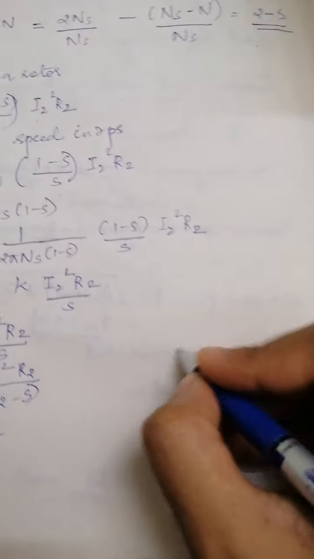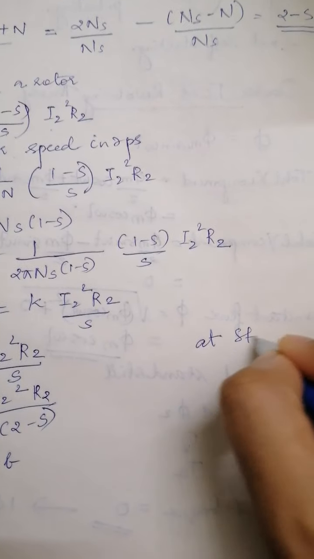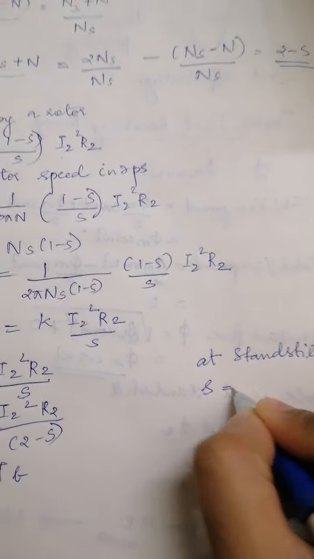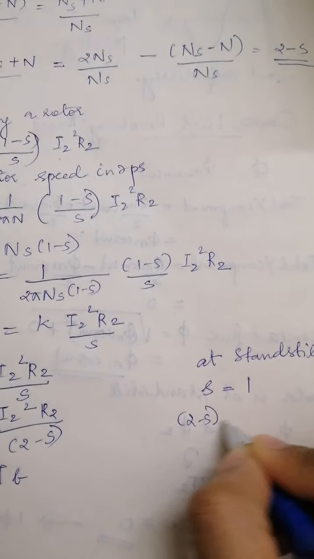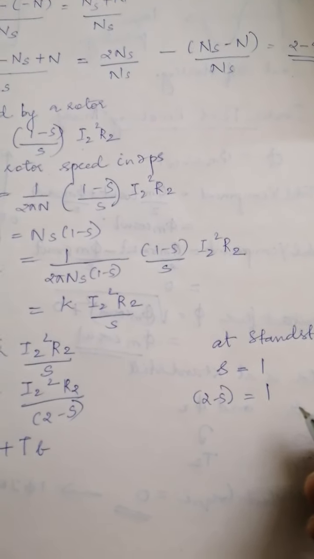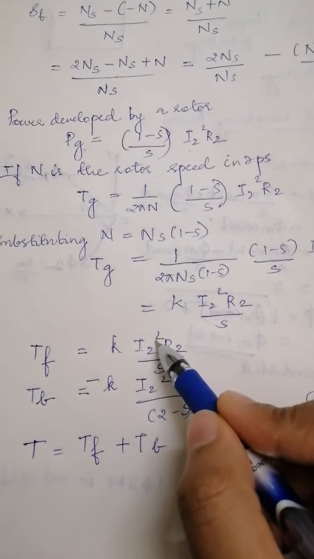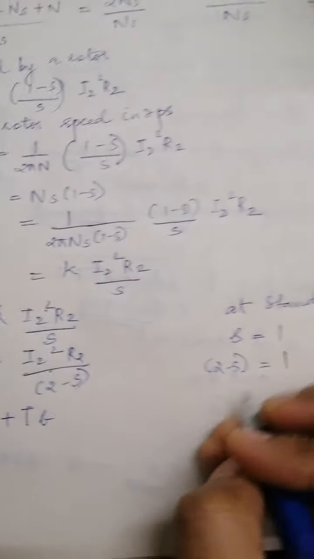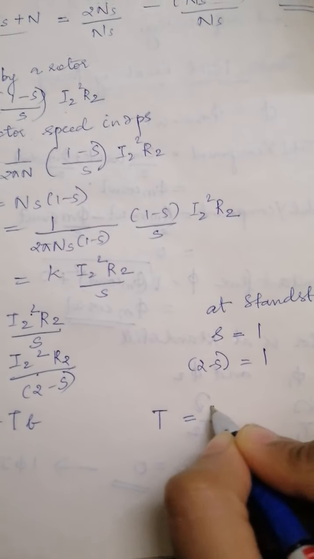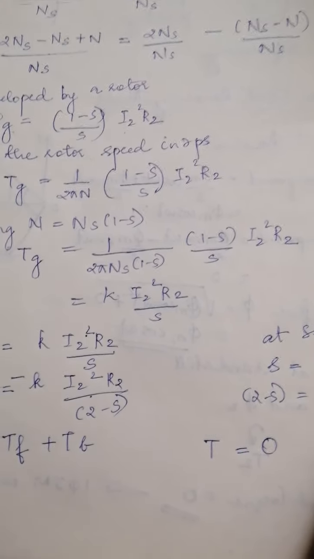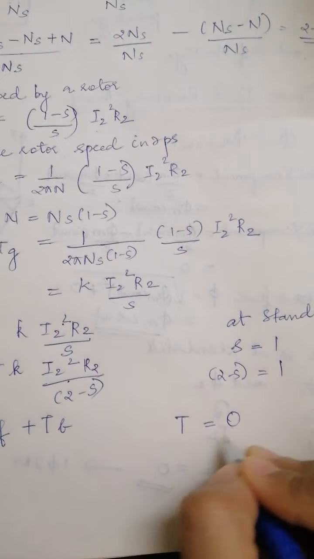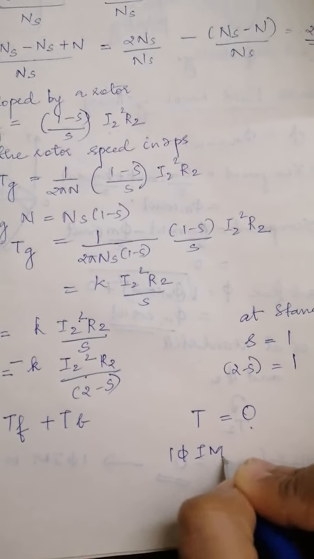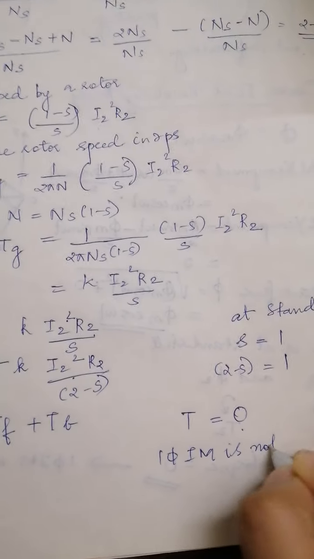Now what happens at standstill? At standstill, S is equal to 1 and 2 minus S is equal to 1. Then both these torques, Tf and Tb, will be equal and opposite, and hence the resultant torque will be equal to 0 at starting. So there is no starting torque, and hence the single phase induction motor is not self-starting.